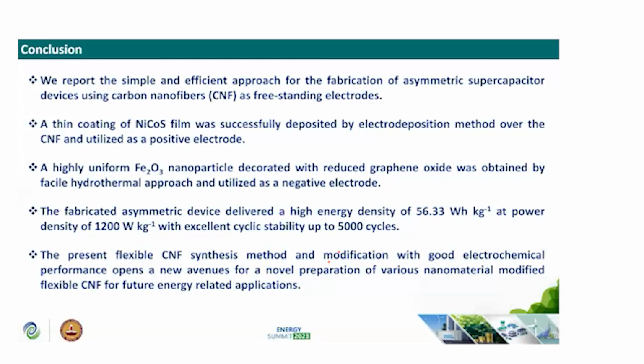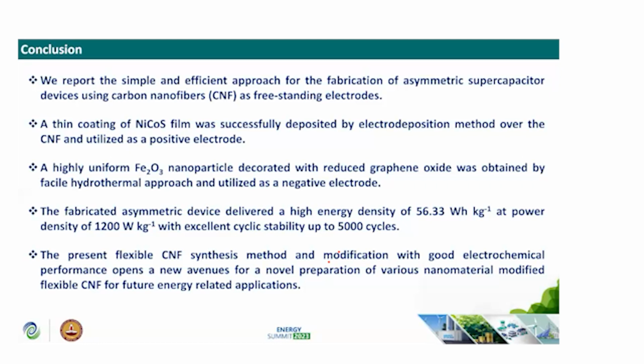In conclusion, we report a simple and efficient approach for the fabrication of an asymmetric supercapacitor device using carbon nanofiber as a freestanding electrode. A thin coating of nickel-cobalt sulfide film was successfully deposited by electrodeposition over the carbon nanofiber and utilized as the positive electrode. A highly uniform iron oxide nanoparticle decorated reduced graphene oxide was obtained by a special hydrothermal approach and utilized as the negative electrode.